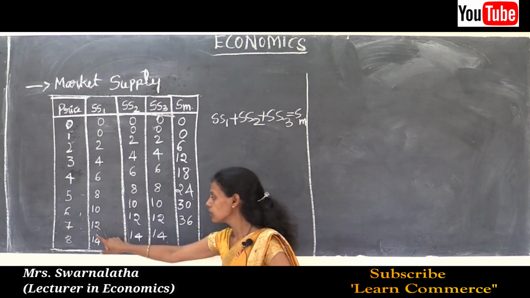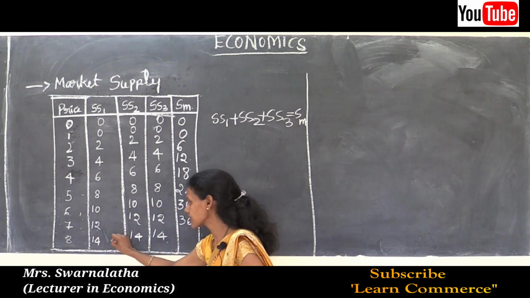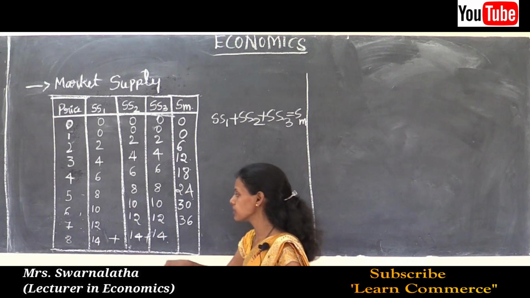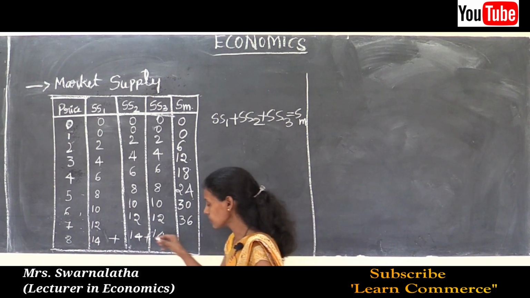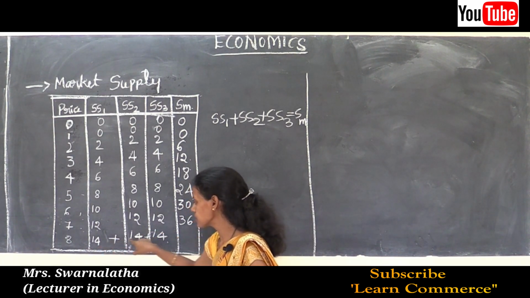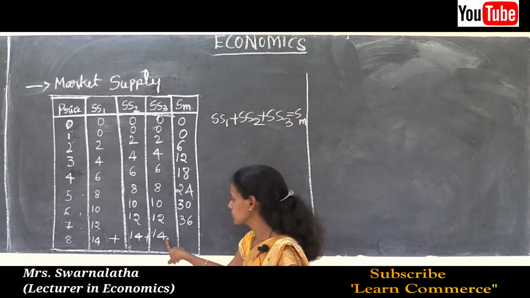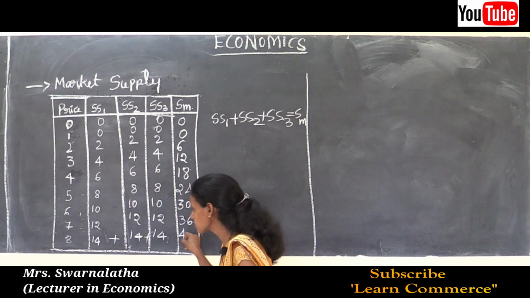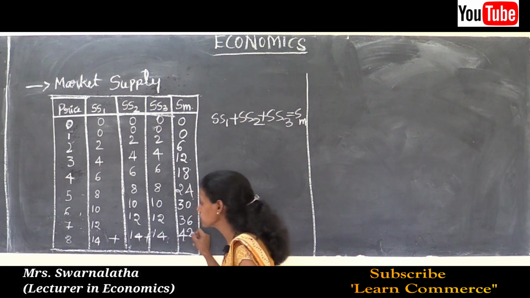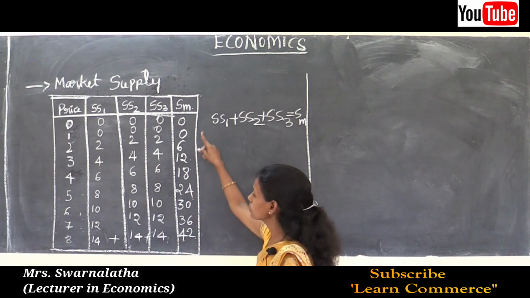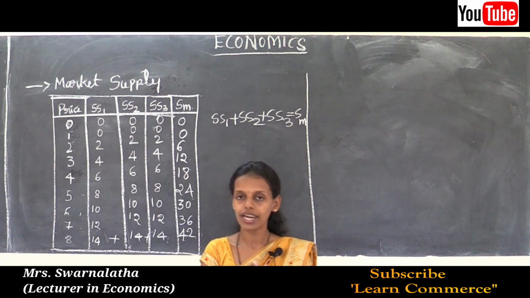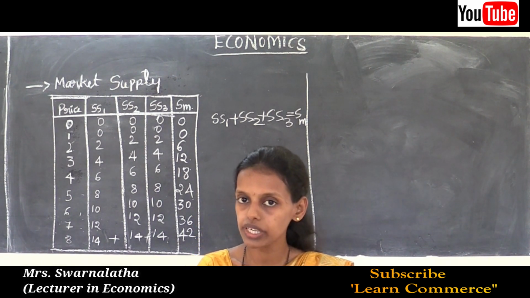Adding these, the market supply is 14 plus 14, 28, plus 14, that is 42 units.